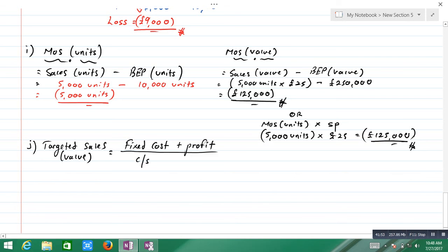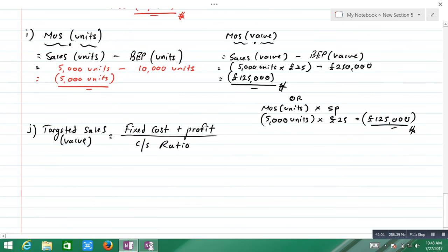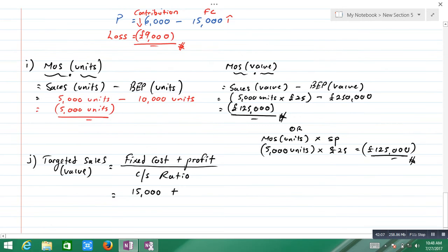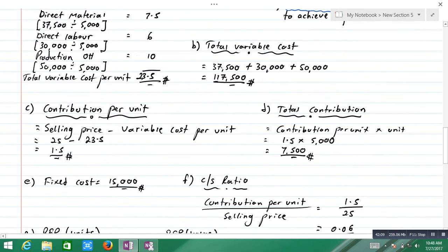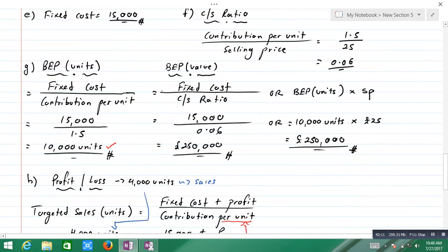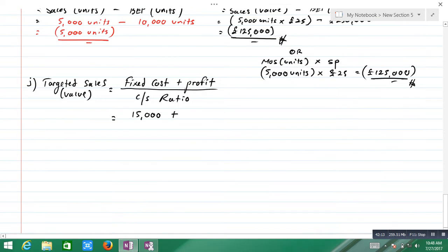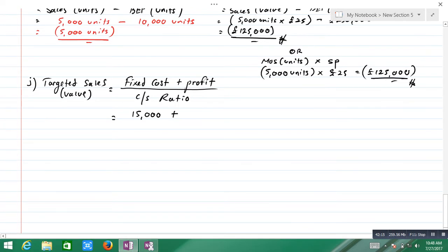So that will be our targeted sales value. Now, if in the question they give you a loss, then you minus it out. If they ask for units, then you use the units formula to find the answer.